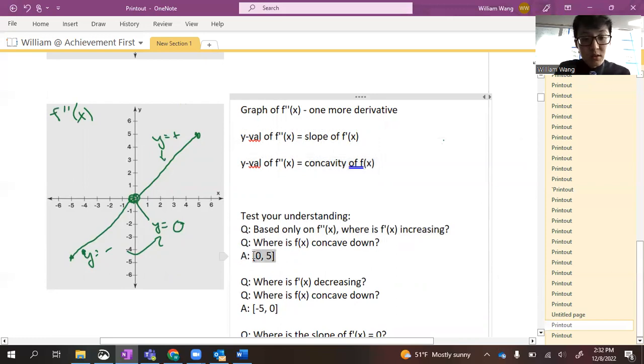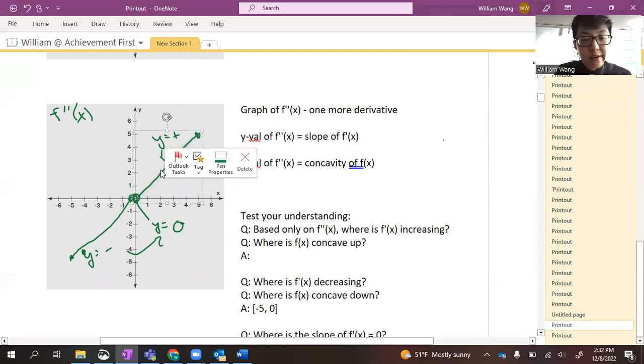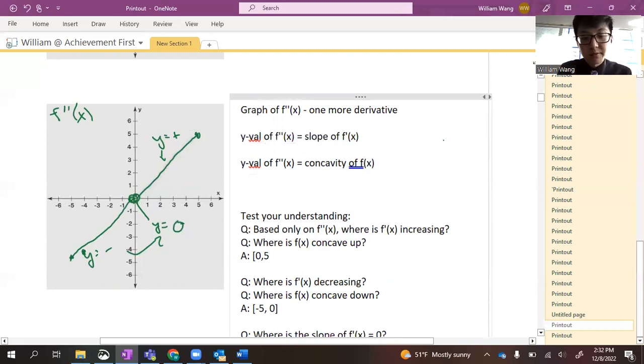Oh, sorry, concave up. I apologize, I am not thinking. So where is f of x concave up? Well, the concavity of f of x is dictated by the y value of f double prime of x. So all these positive y values mean it's going to be concave up. So my answer is also 0 to 5. Hopefully that makes sense.